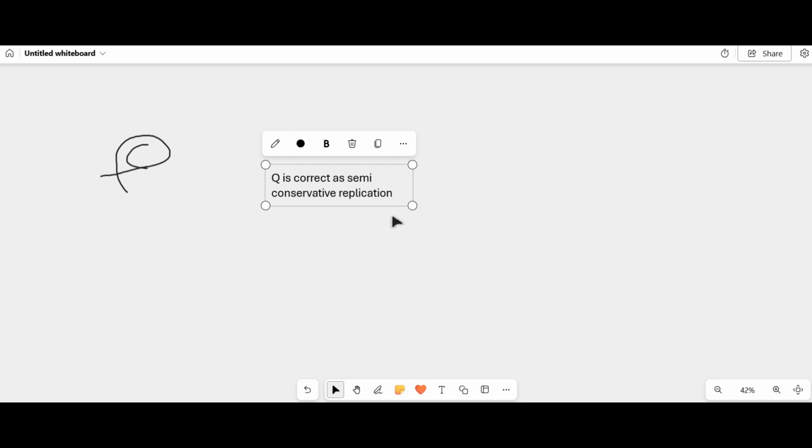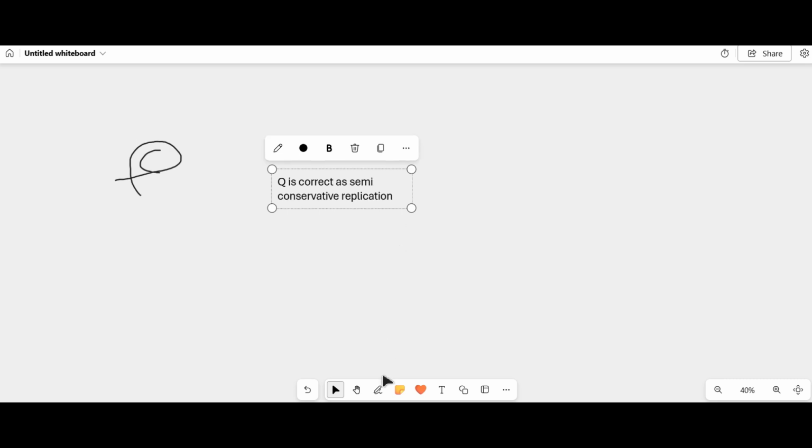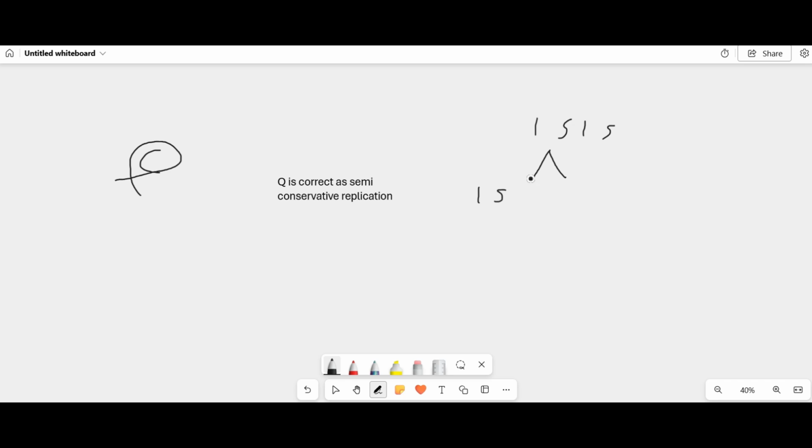Let me explain the situation here. What's going on is he used nitrogen 15 and put that in there for a long time. Then he moved it into a nitrogen 14 environment, which is obviously lighter. Because of semi-conservative replication, with 2 N-15 strands, 1 N-15 strand is used as a template, and another 15 strand is used as a template as well.